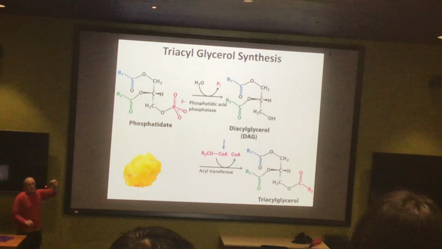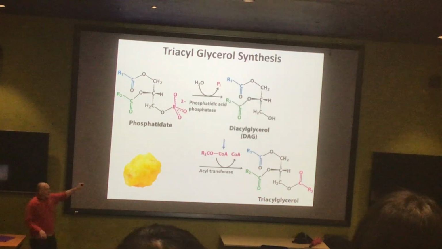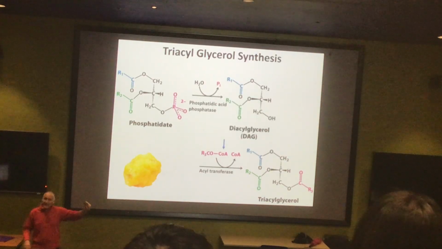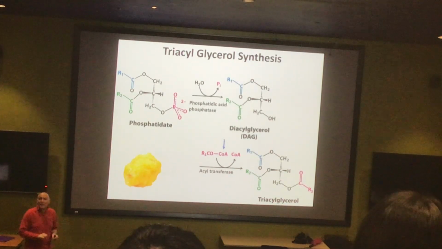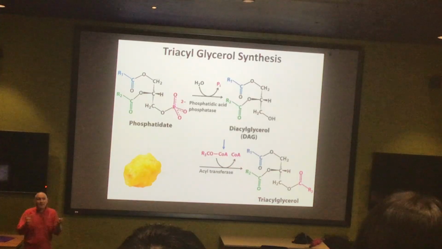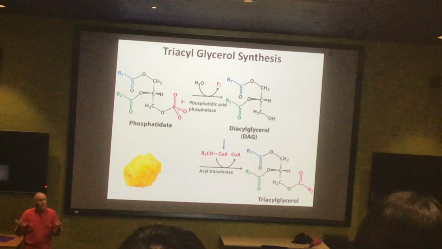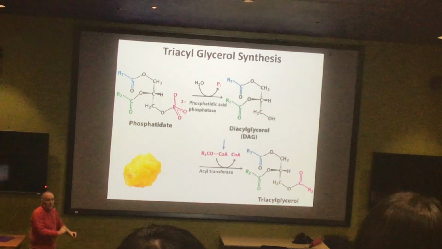Last major point, therefore, to add to this before we look at the membrane lipids: this explains why, an eternal question, if you consume lots of carbohydrates, you gain a substantial amount of body weight in the form of fat, right? So that's kind of the end of this question.